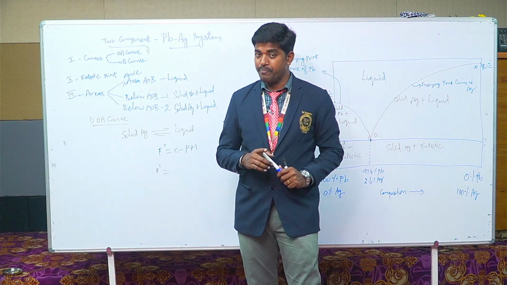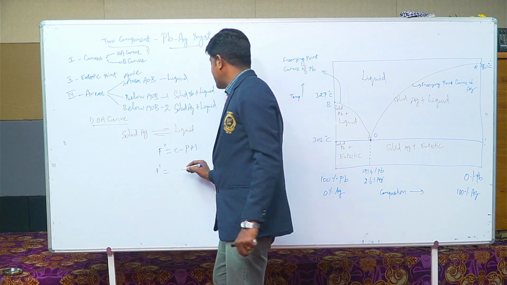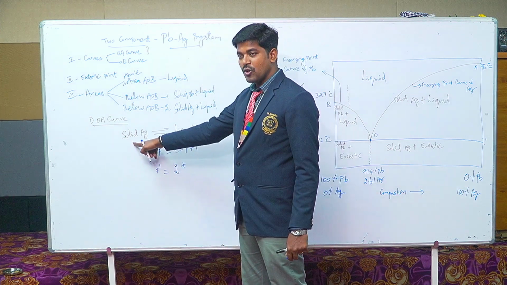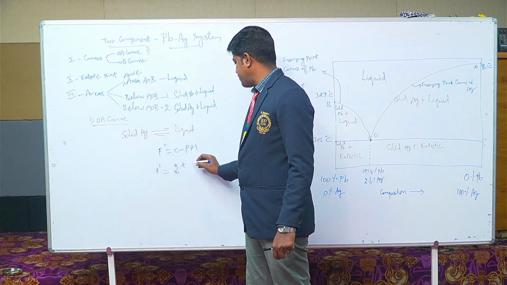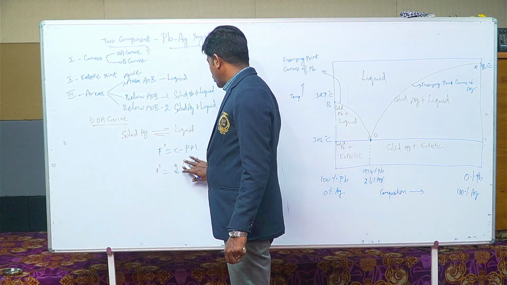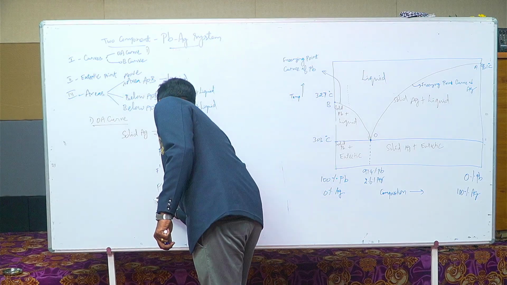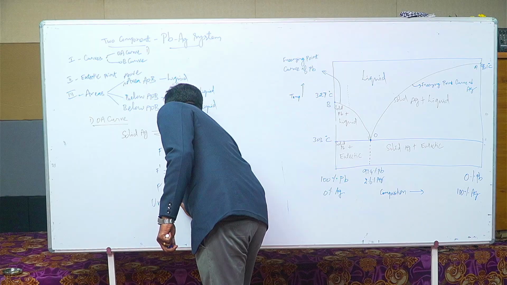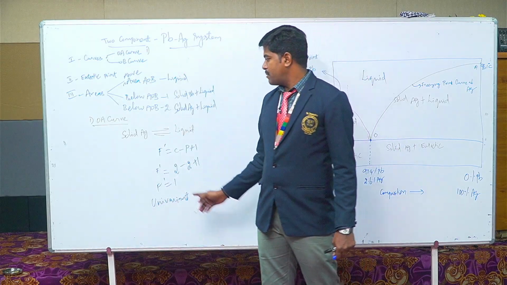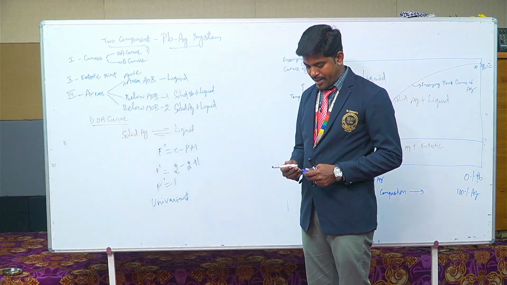So the liquid melt contains both components, so the number of components is 2. Number of phases: solid and liquid, so 2. F' equals 2 minus 2 plus 1, so F' is equal to 1. So this equilibrium system is univariant. This is for the first, OA curve.